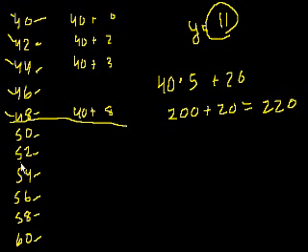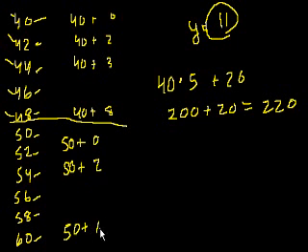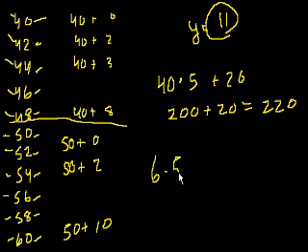And use the same logic here. This is 50 plus 0, 50 plus 2, all the way to 50 plus 10. And how many are there? There's 1, 2, 3, 4, 5, 6. So it's equal to 6 times 50, plus 2 plus 4 is 6, plus 6 is 12, plus 8 is 20, which we already calculated.